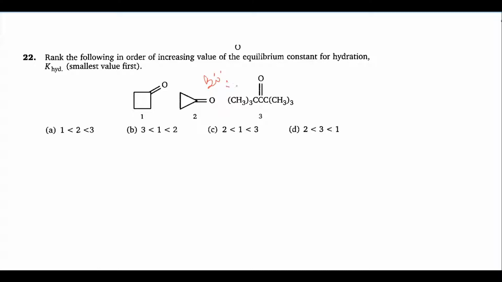So this is the lone pair where it is attacking easily. I already told you, it's a nucleophilic addition. In the previous video I already told you nucleophilic addition: the greater the positive charge, the greater the reactivity.